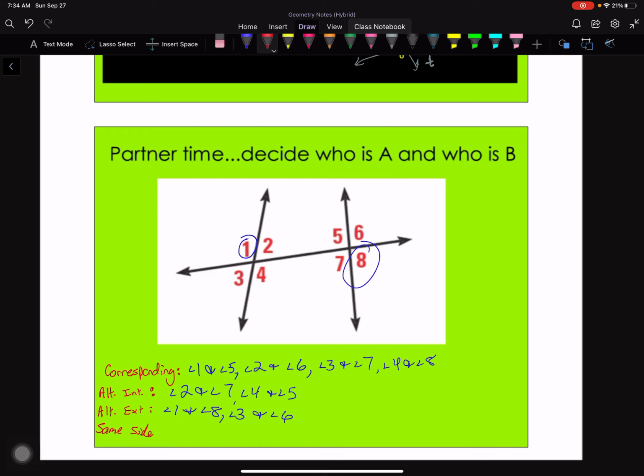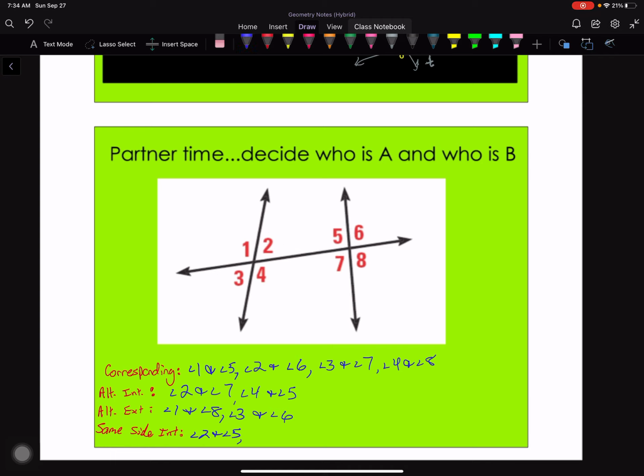Same side interior angles. Okay, let's go ahead and erase the drawing here. Same side interior angle. So again, we're back on the inside of the two lines here, and we want angles that are on the same side. So starting with angle 2, same side of the transversal on the inside would be angle 5.